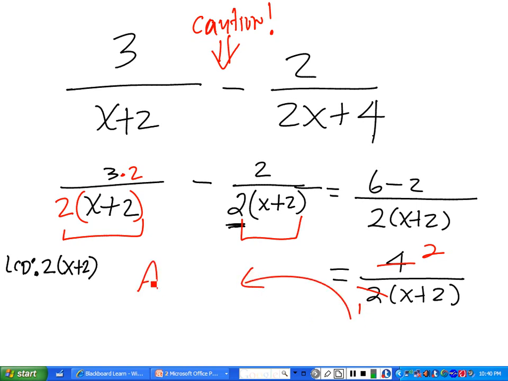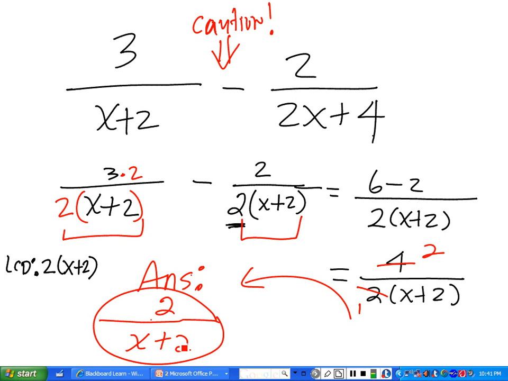Therefore, the answer is, drum roll, 2 over x plus 2. No, you cannot cancel the 2's out here. You cannot cancel this term with this number up here. You can only cancel factors with factors.